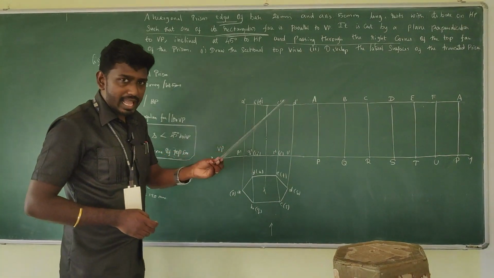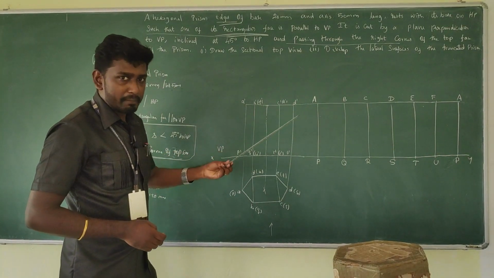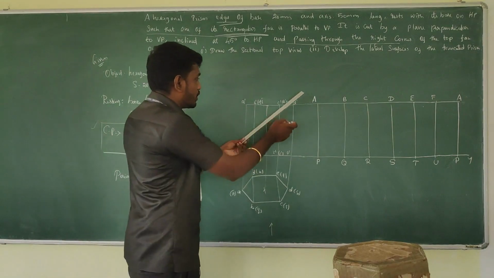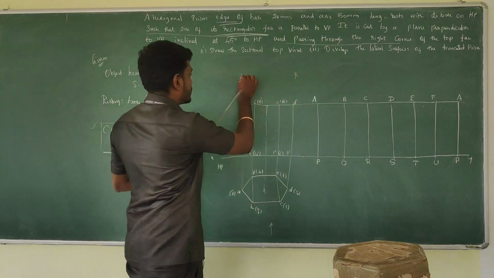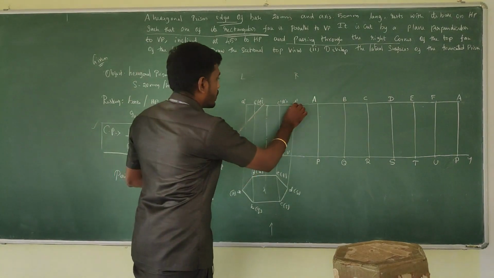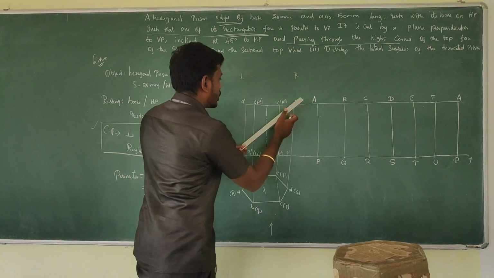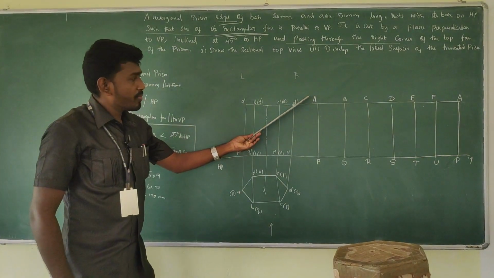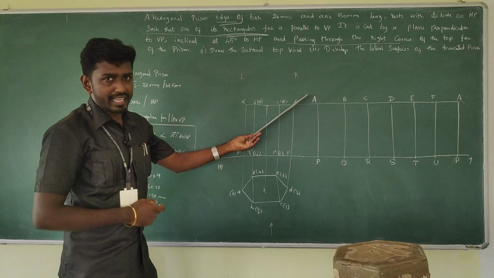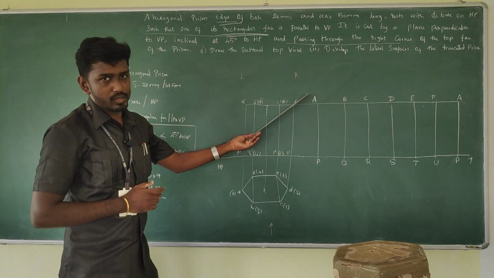Top base or face, both are the same. In the sense this is right, this is left for us. So in the top base, it should pass through the right corner. So this is how the cutting plane is placed.